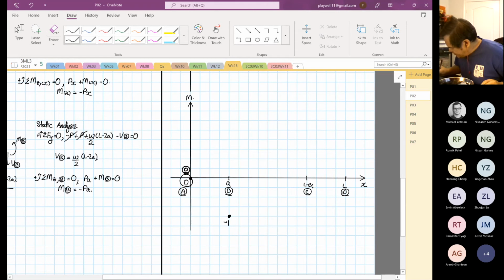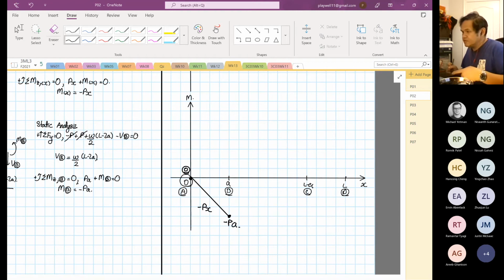This is minus Pa. And the slope that we are drawing now is expressed as minus Px, so minus Px means it's a linear equation with negative slope. So we can draw up to here now.